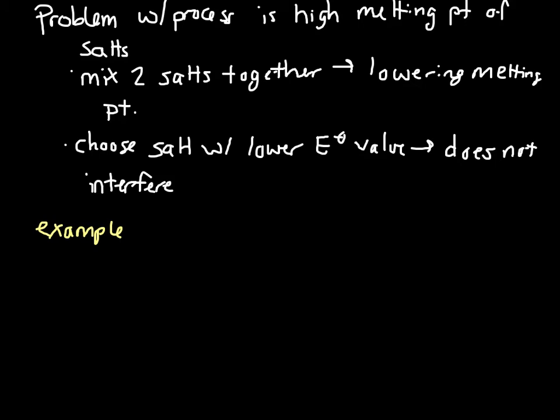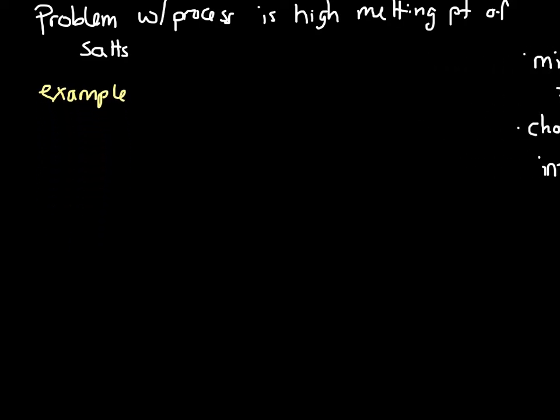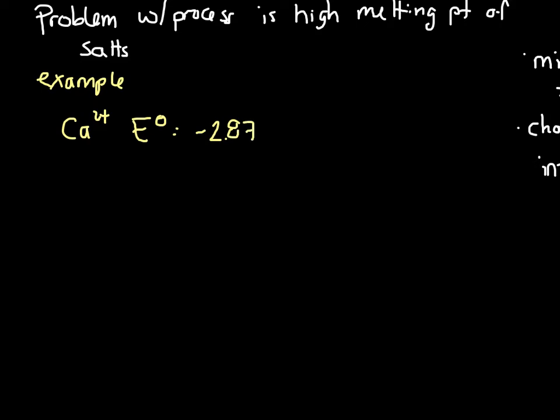Well, if you look in table 14, you would see that calcium itself has an electrode potential of negative 2.87 volts, whereas sodium has an electrode potential of negative 2.71 volts.